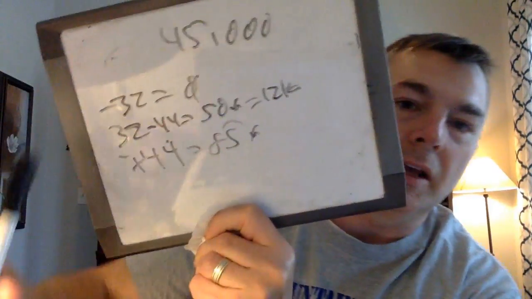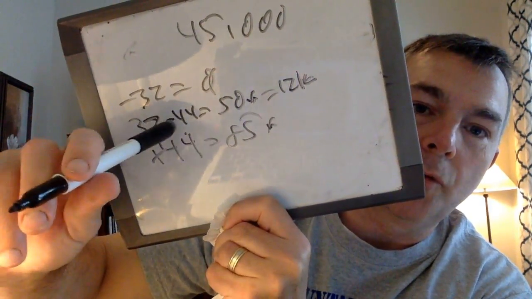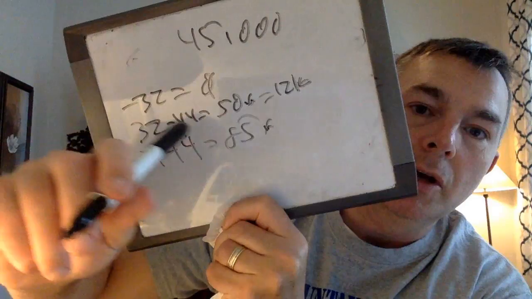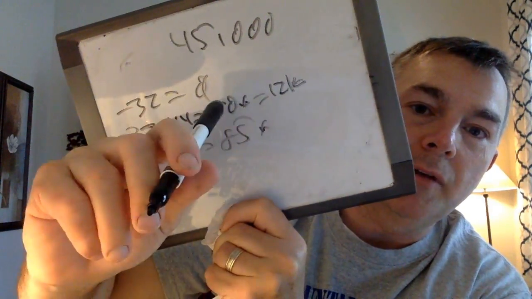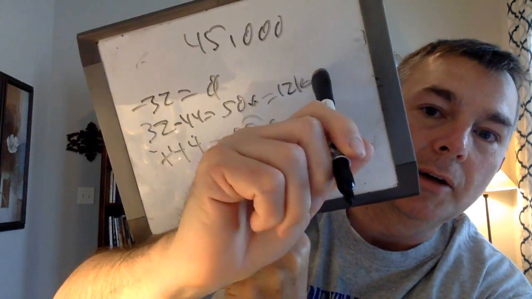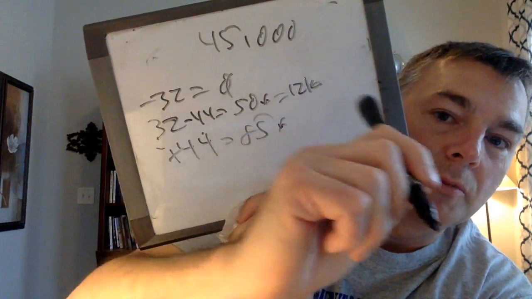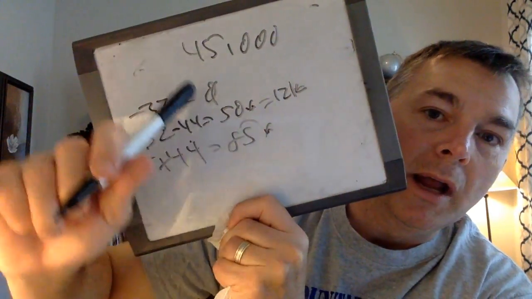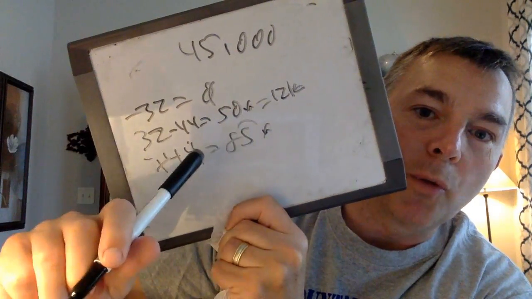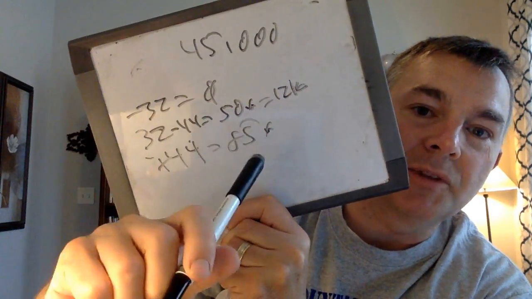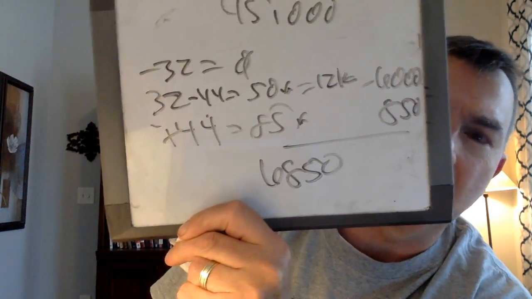So the next, we got, again, the first 32, 0, 44 minus 32 is 12. And we're going to times that 12 by 50%, which will equal $6,000 will be subject to income tax. We'll put that over here. Anything 45 minus 44 is 1,000. Times that by 0.85, and that's 850. So we equal 6,000 plus 850. So total 6,850 of our Social Security in this scenario will be subject to income tax.